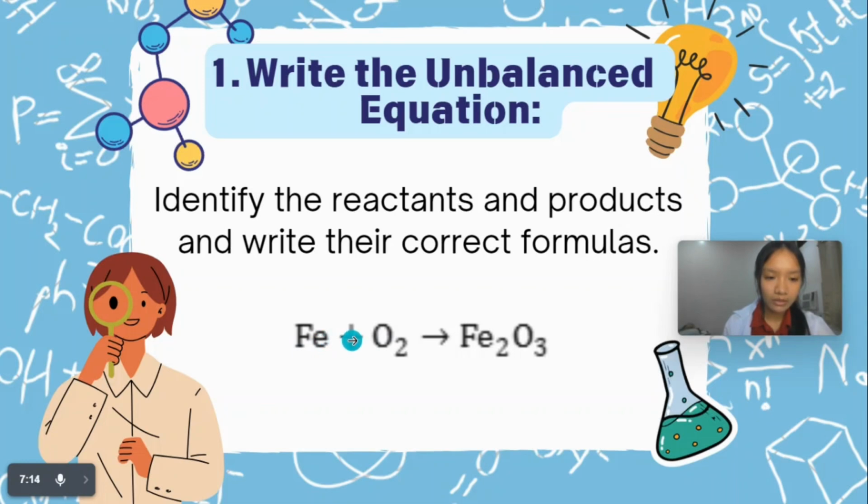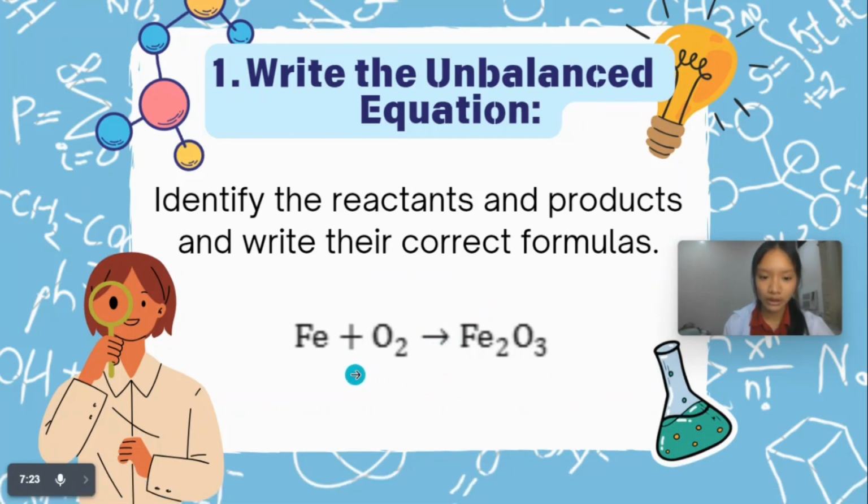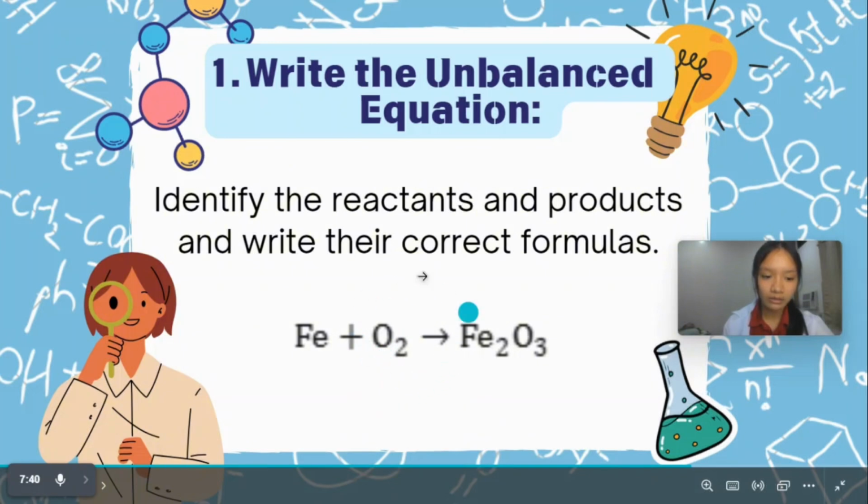To count the atoms, we look at the subscripts of the elements or compounds. If there are no visible subscripts, it is understood as 1. For example, here iron has no subscript, so it is understood as 1. And oxygen has 2 atoms based on the subscript.